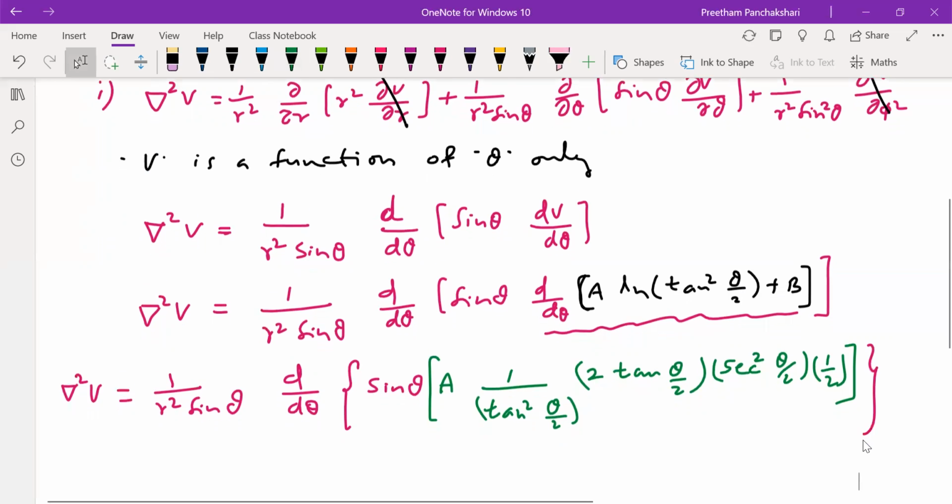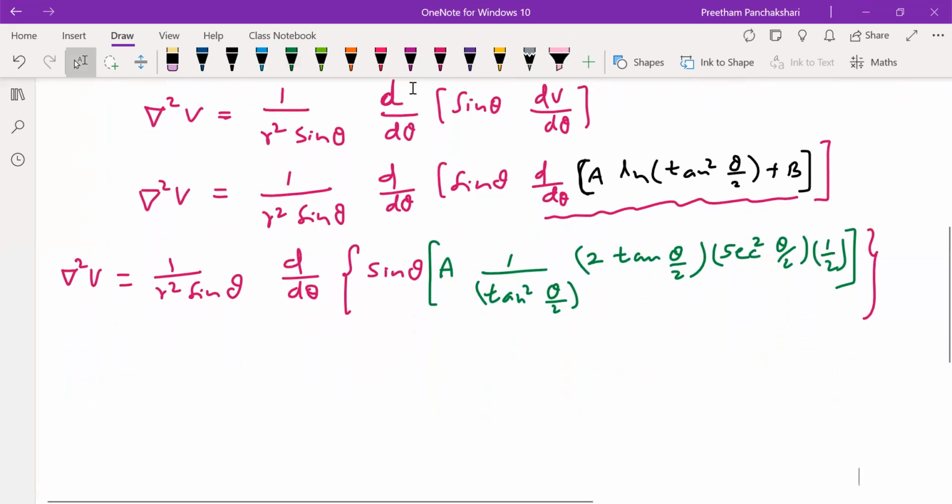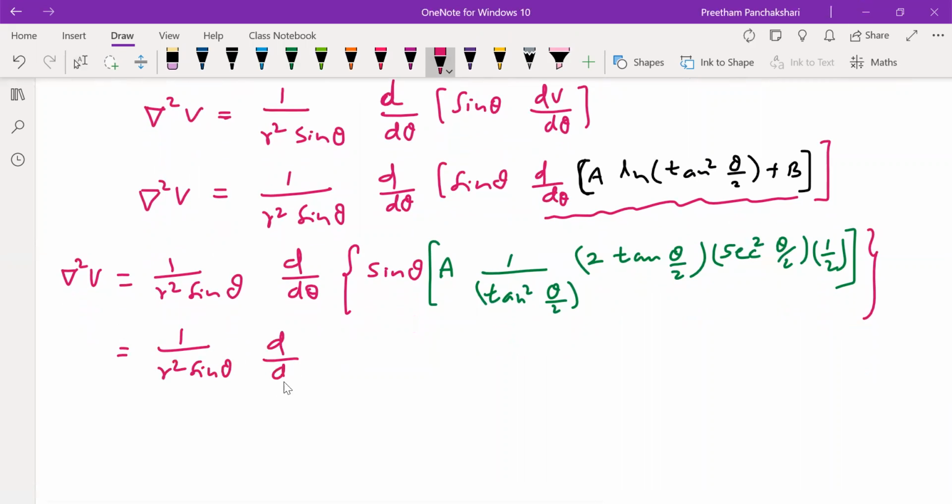So the next step should go for simplification. 1 by r square sine theta, d by d theta of sine theta into A. Here what happens?